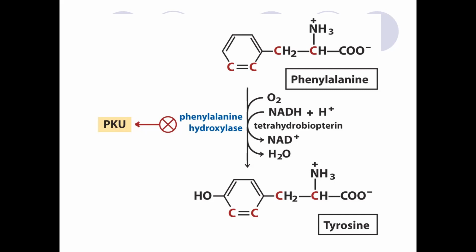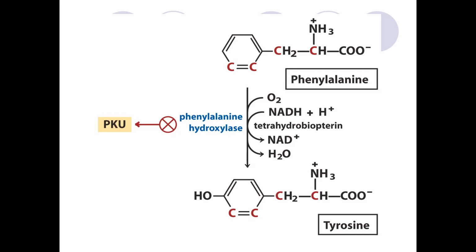So it could be due to mutation in phenylalanine hydroxylase. That was the original description of the original phenylketonuria. Or it could be due to mutations in dihydrobiopterin reductase. Or it could even be due to mutations in genes involved with dihydrobiopterin synthesis. Those can also lead to hyperphenylalanemia.